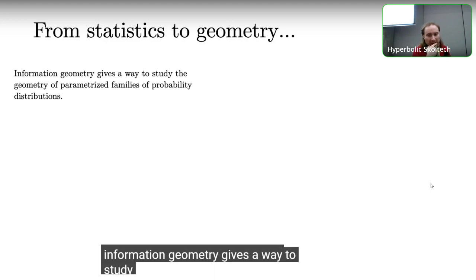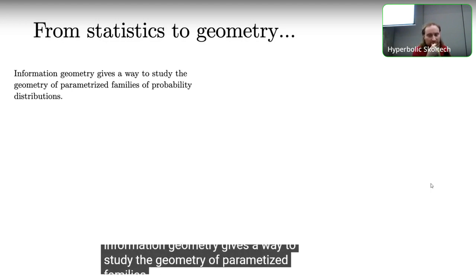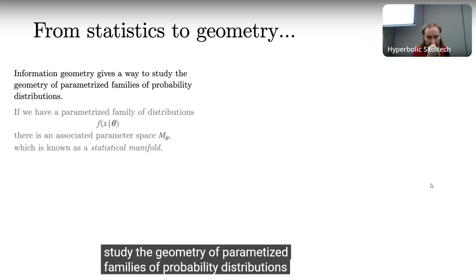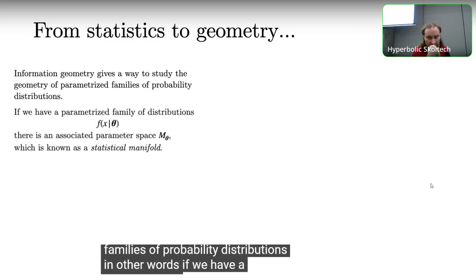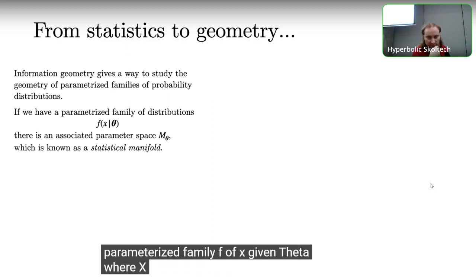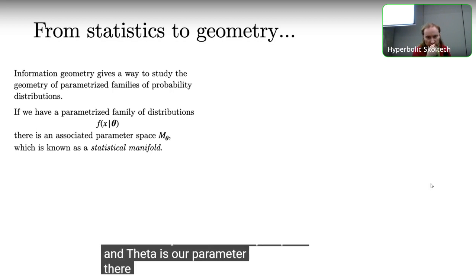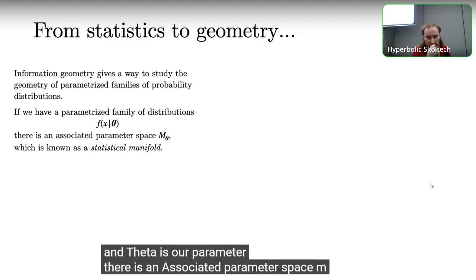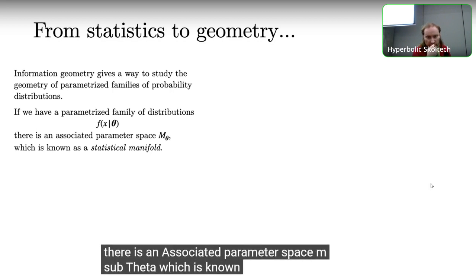As I mentioned in the introduction, information geometry is a way to study the geometry of parameterized families of probability distributions. In other words, if we have a parameterized family f of x given theta, where x is a point in the sample space and theta is our parameter, there is an associated parameter space M sub theta, known as the statistical manifold.